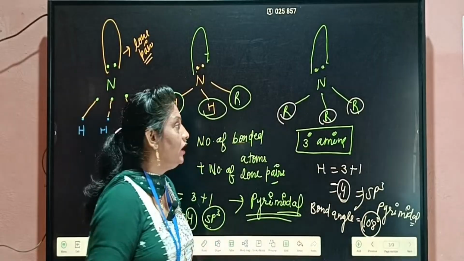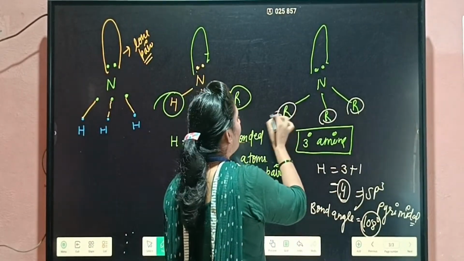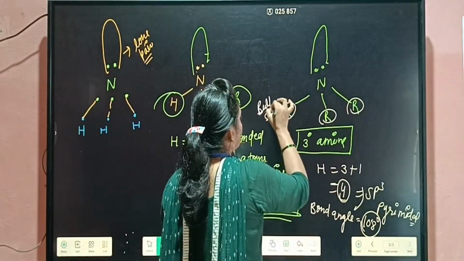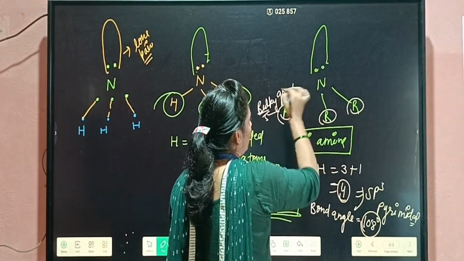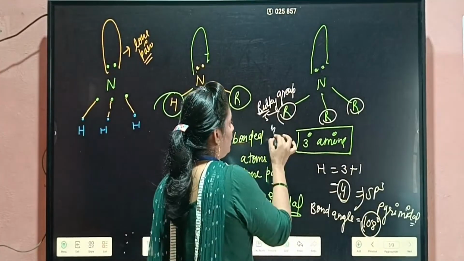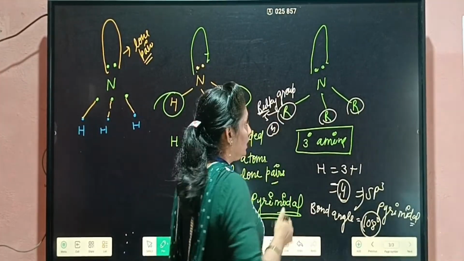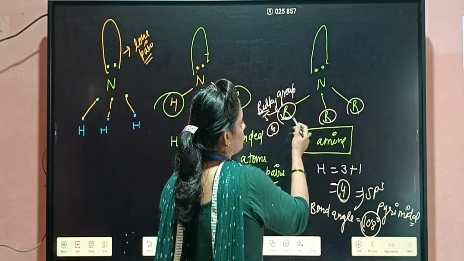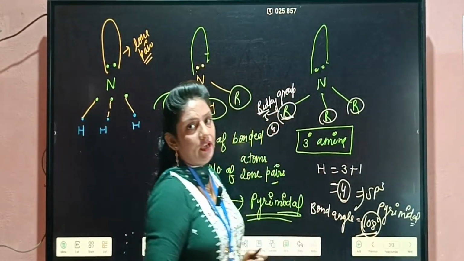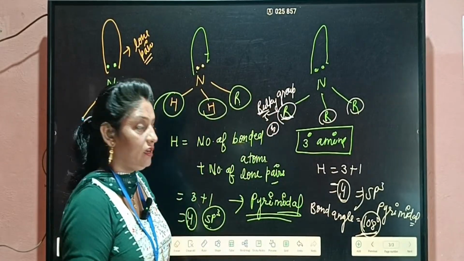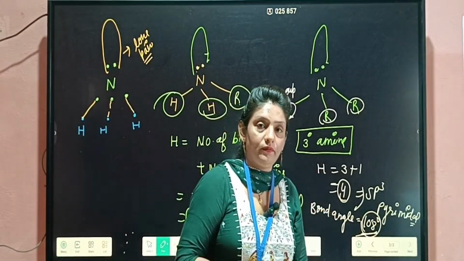108 degrees. Why? Because these R groups are bulky groups. So here, as compared to hydrogen, repulsion will be less. So that's why this angle is less than 109 degrees 28 minutes, but only slightly less. It is 108 degrees.